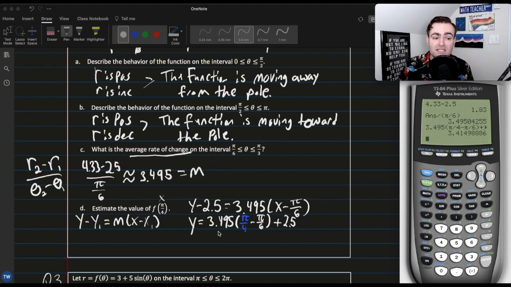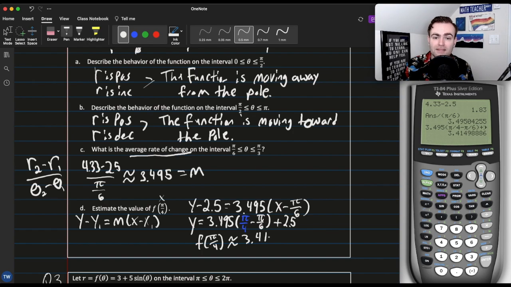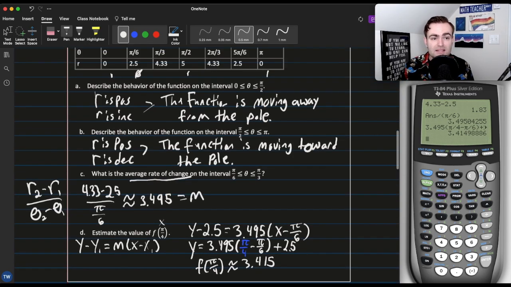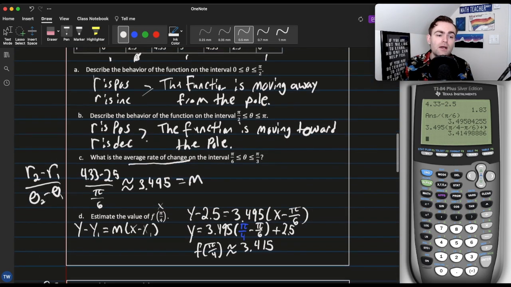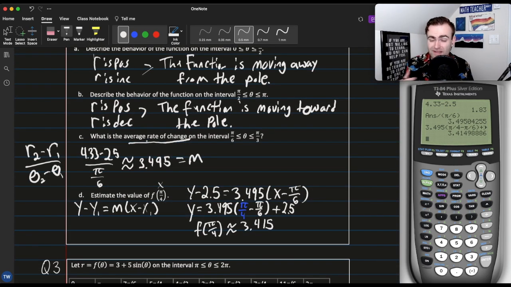And that gives us an estimation. So the estimated value, f of pi over 4, is about 3.4154. And we can see that we don't really know what it is, so that's going to be our best prediction. But we might be asked to interpret that result later. Pretty good. Hopefully we're feeling good now.